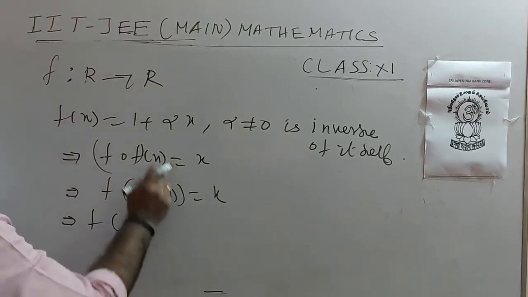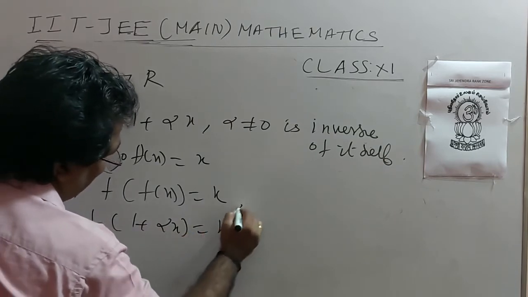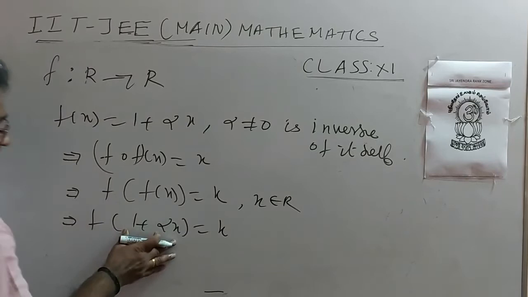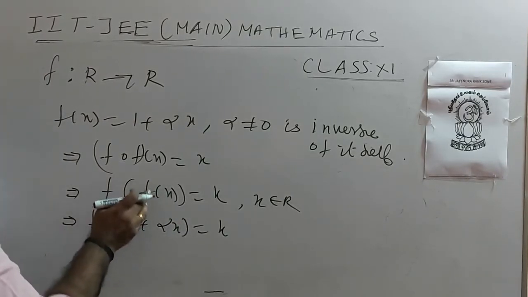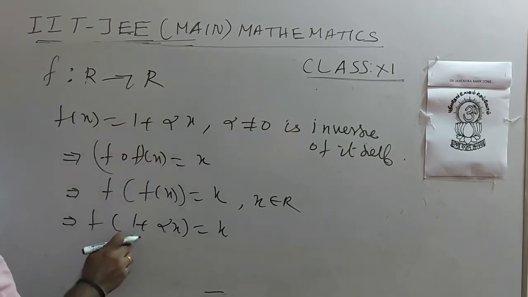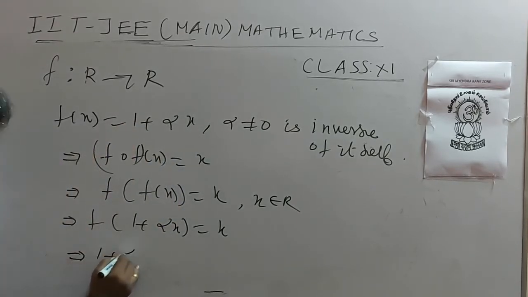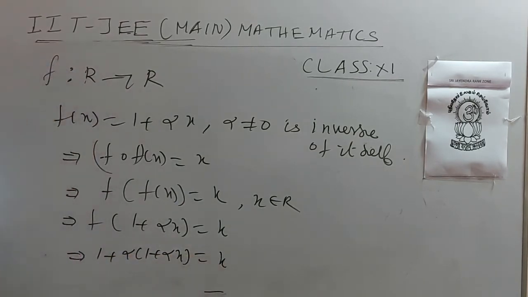In place of f of x, 1 plus alpha x, so 1 plus alpha into (1 plus alpha x) equals x. Again replacing x by the whole 1 plus alpha x.